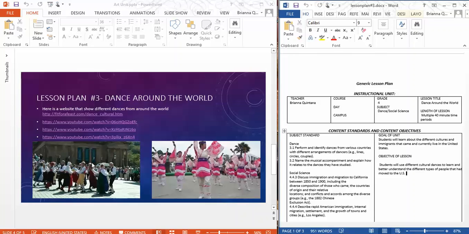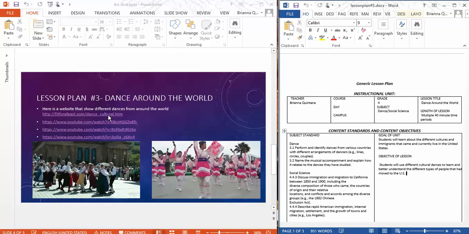Dances like that. And then I also have provided a website here that has a list of the different types of dances, cultural dances that is. Students can click and find a little bit more information about each dance that is presented there.